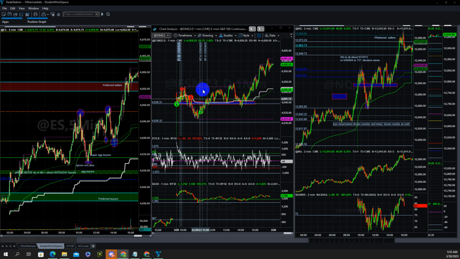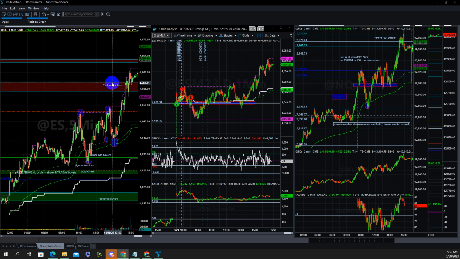There are many arrows, many vertical lines here also. I can show you later, there will be 5 more lines here, 6 more lines. So pretty much this was heavily manipulated, and then look what happened. This is also algorithmic activity. Anyway, this is a preferred sellers area.